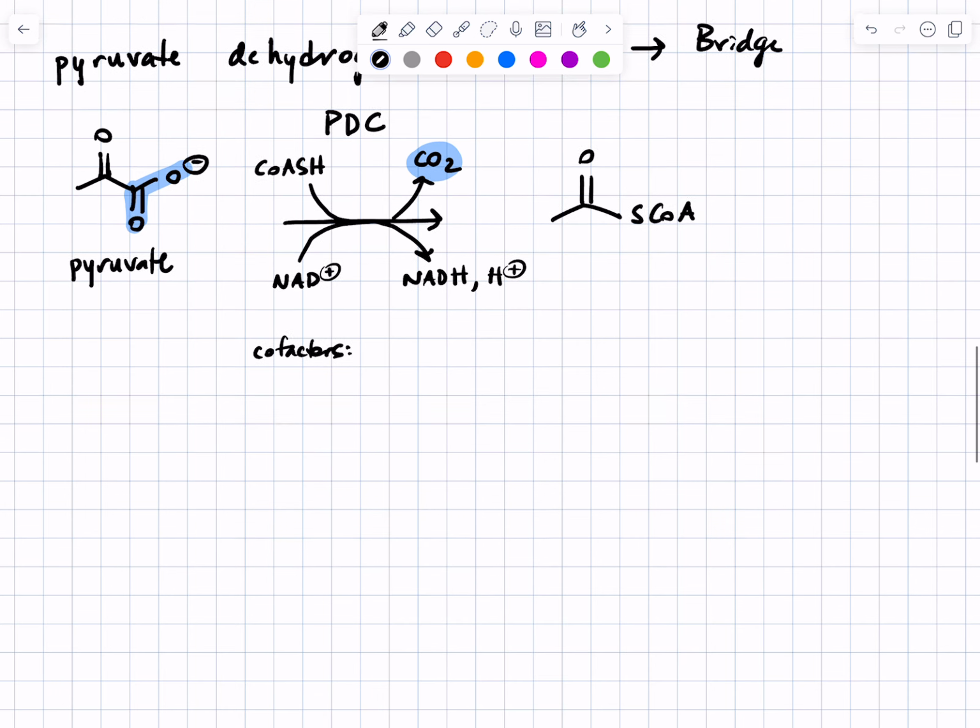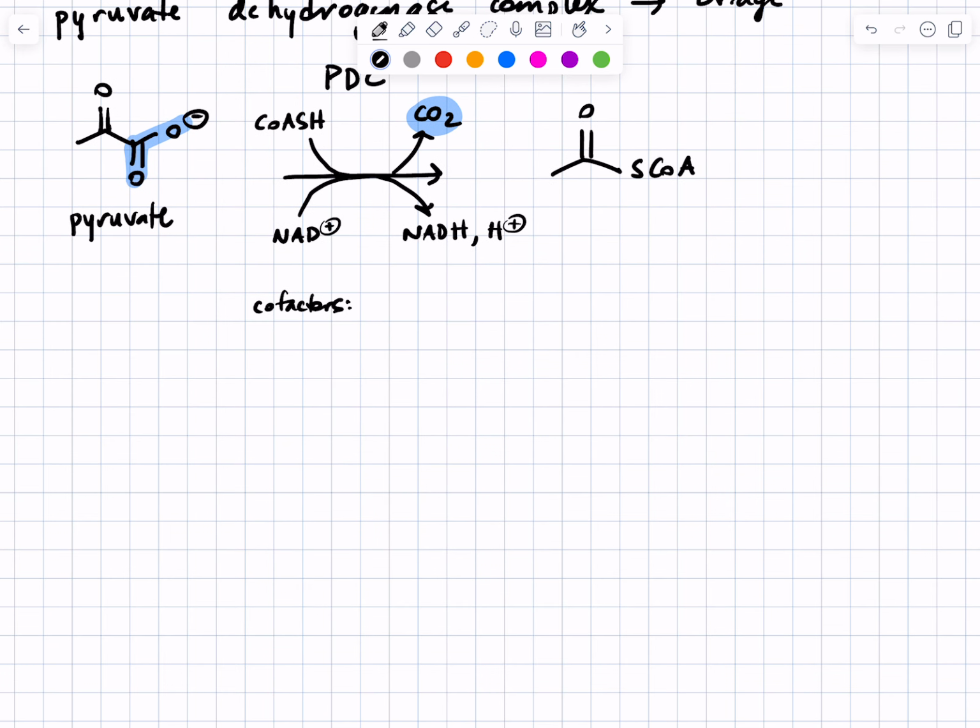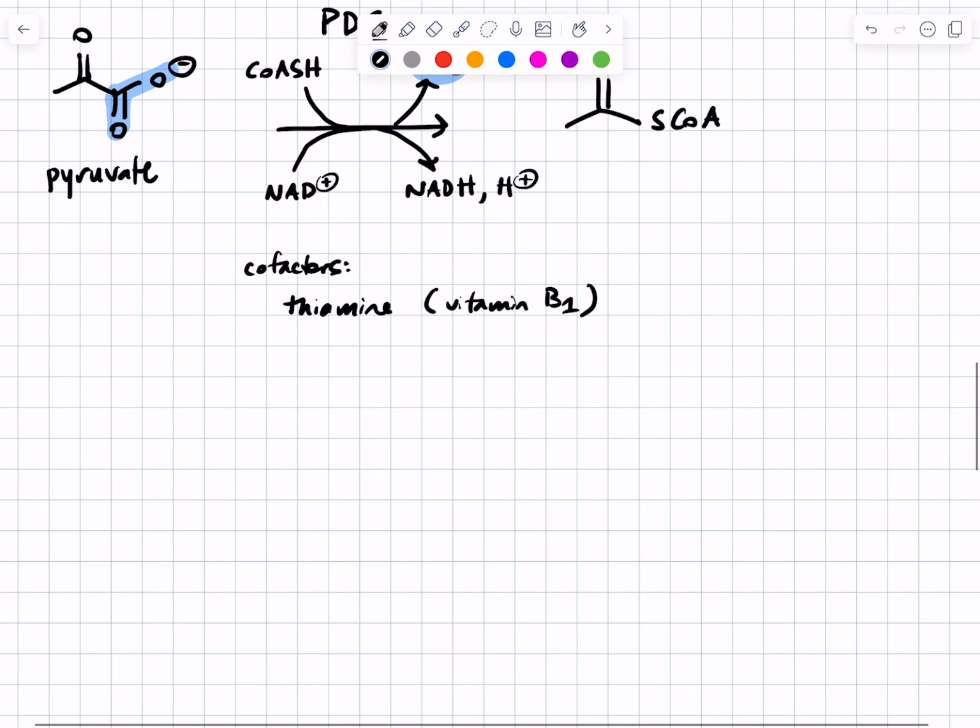And one of these cofactors is actually a vitamin. So thiamine is vitamin B1. And its structure is kind of complicated. I don't want you to memorize it, but you should be able to pick it out of the lineup.